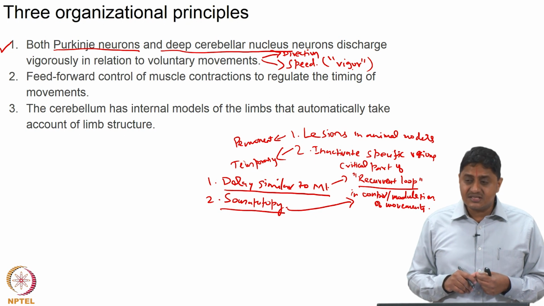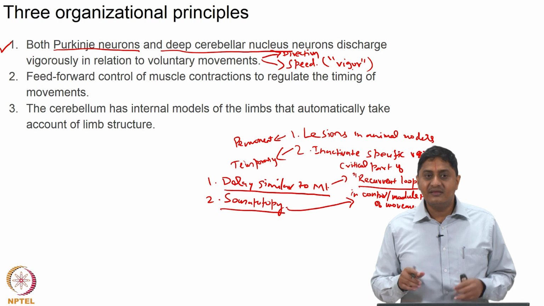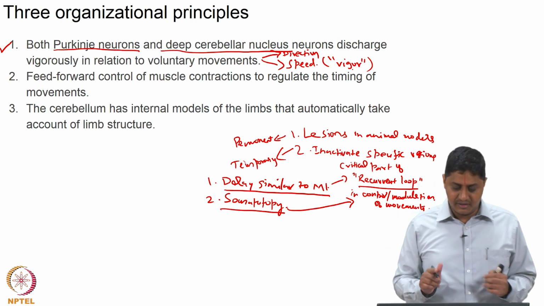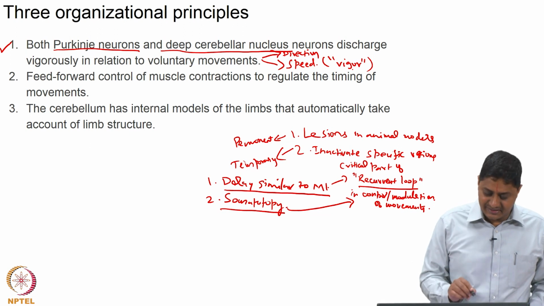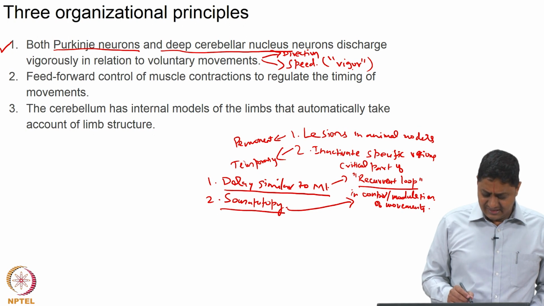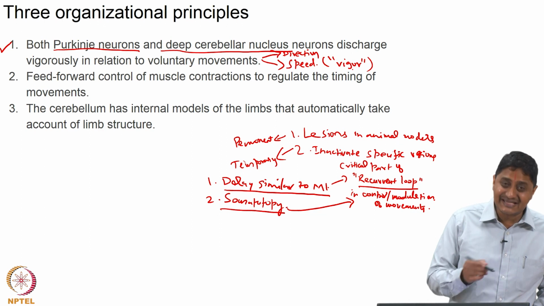So, if I have to reach a particular point at a particular point in time, the appropriate muscle contractions that are required are anticipated by the cerebellum. How does the cerebellum do this? That is a controversial question that takes us to the next lesson.